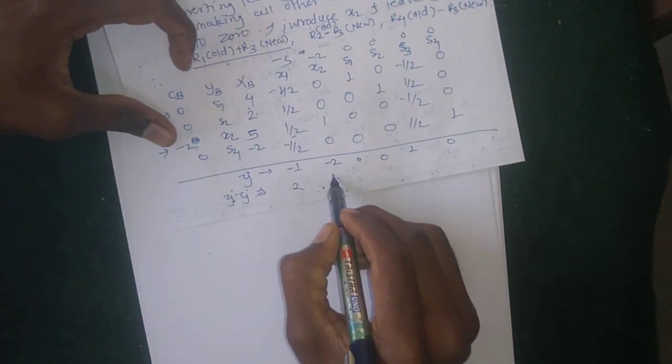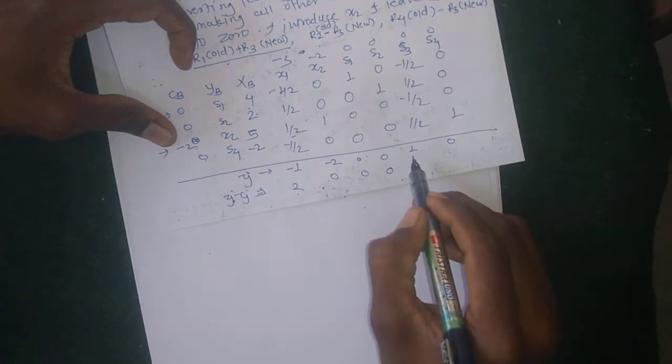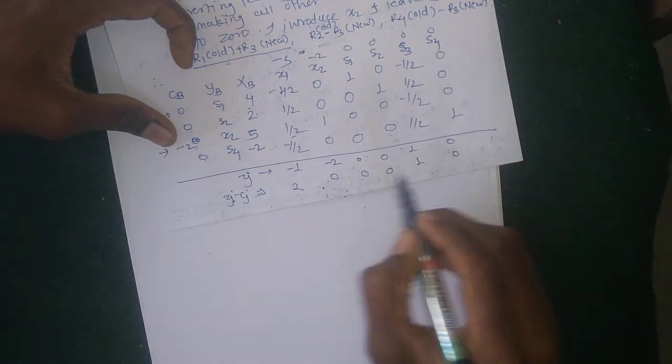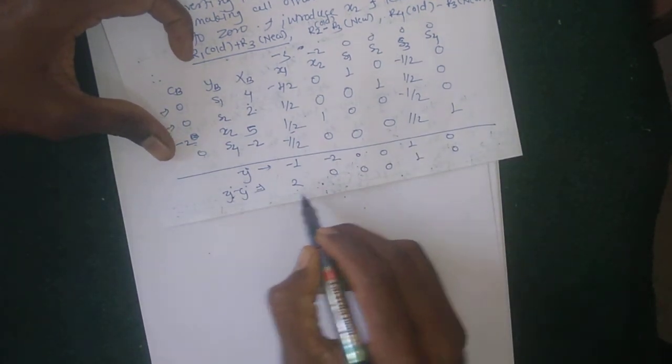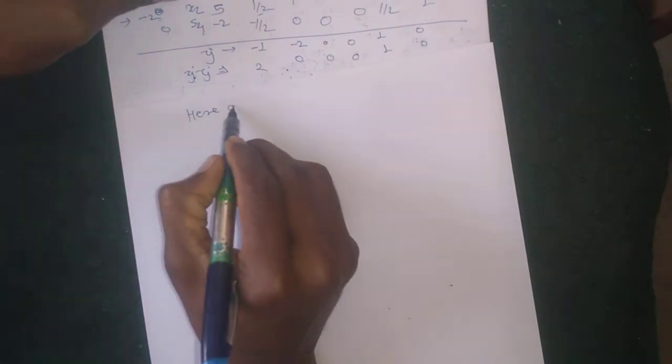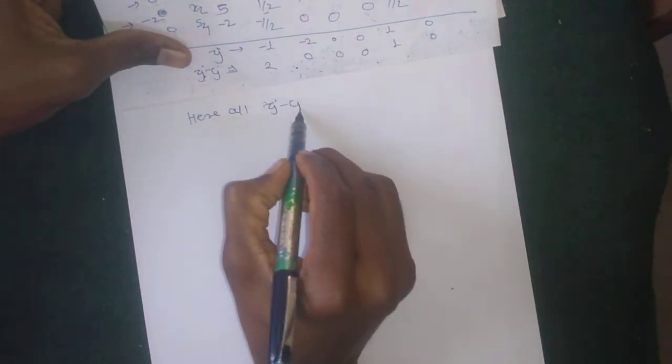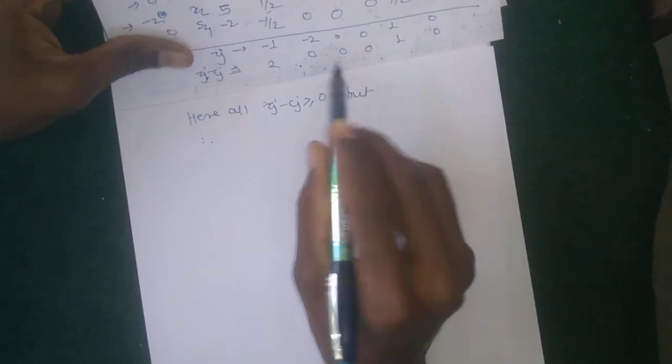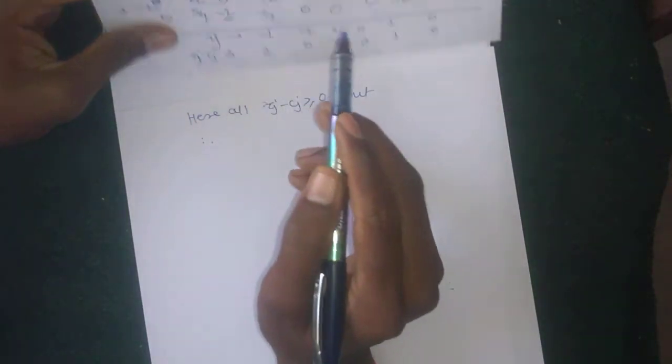Okay, minus 2 plus 2, 0, 0, 0, here 1 and 0. So here all ZJ minus CJ are positive, all ZJ minus CJ are greater than or equal to 0, but in XB column, minus 1 is negative.